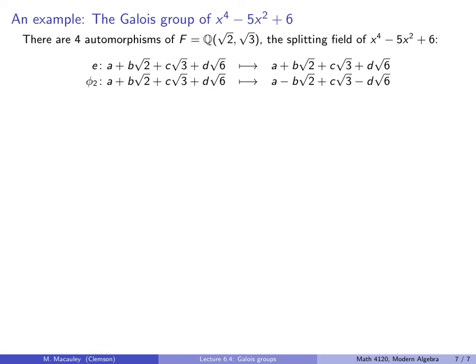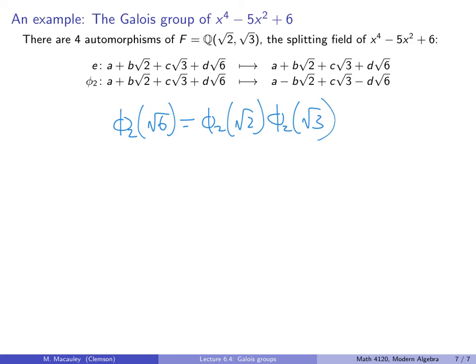And that is because phi2 of root 6 equals phi2 of root 2 times phi2 of root 3. And phi2 of root 2 is negative root 2, phi2 of root 3 is positive root 3, so we get negative root 2 times root 3, which is negative root 6.